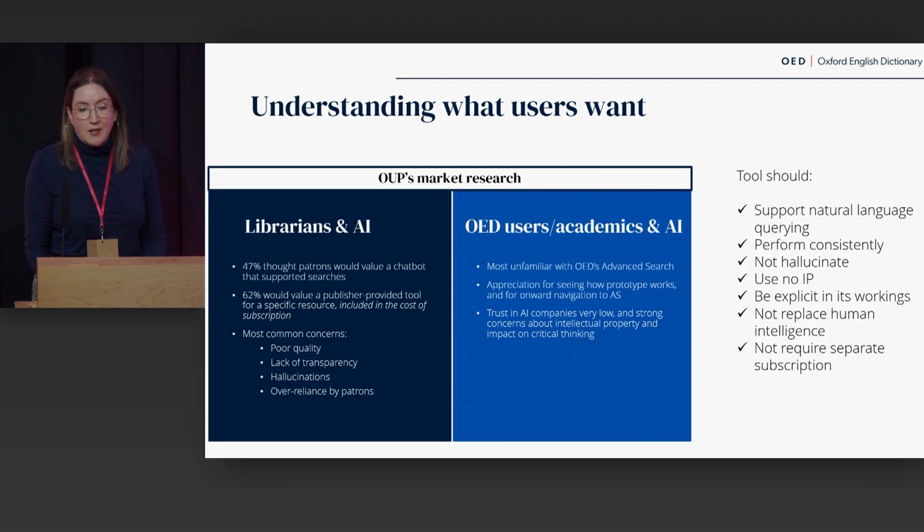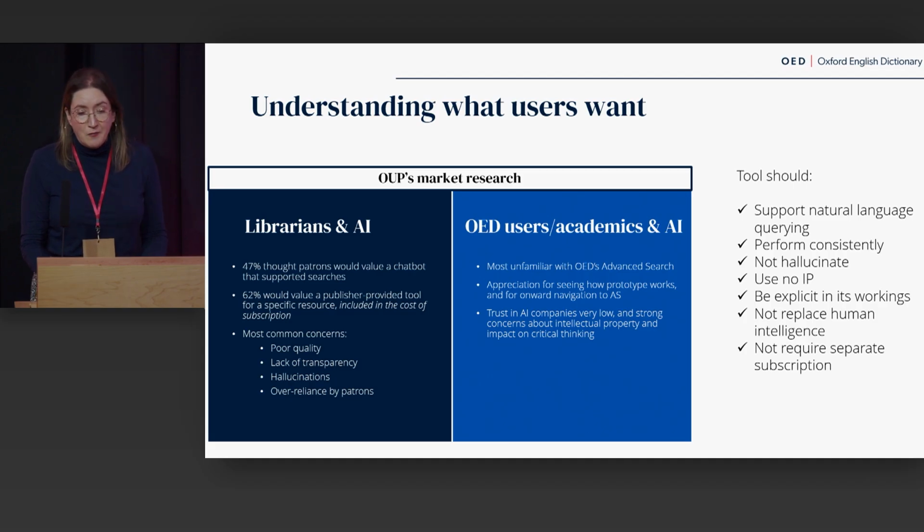And over half thought that there would be value in a publisher-provided tool on a specific resource, as long as it was included in the cost of the subscription. And the common theme across both surveys was that trust in AI was low, with concerns about hallucinations and quality.